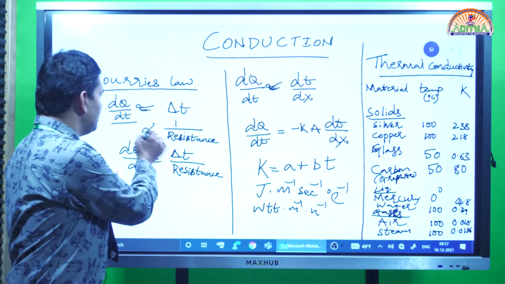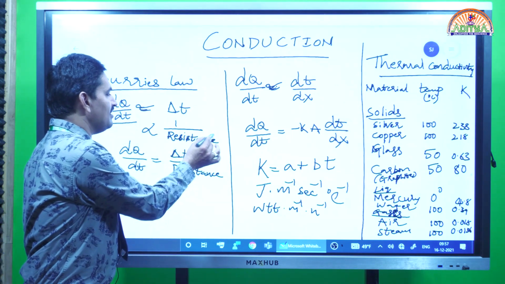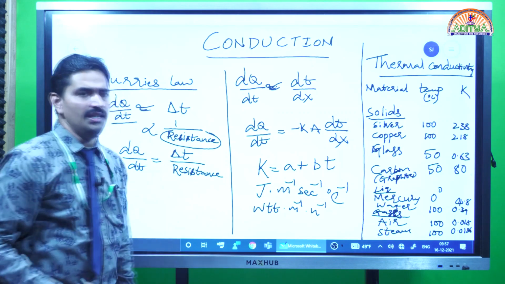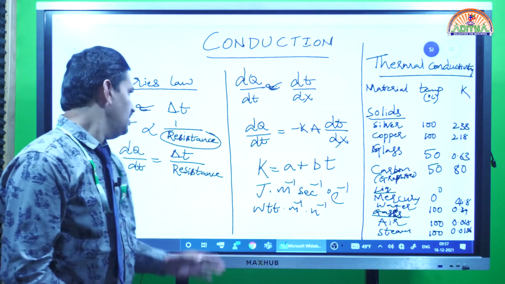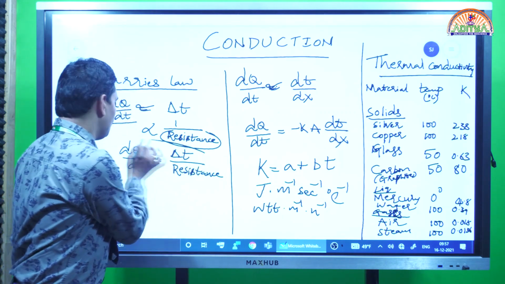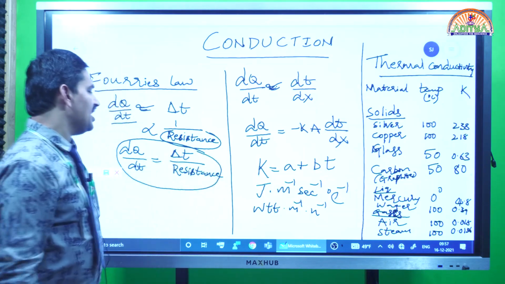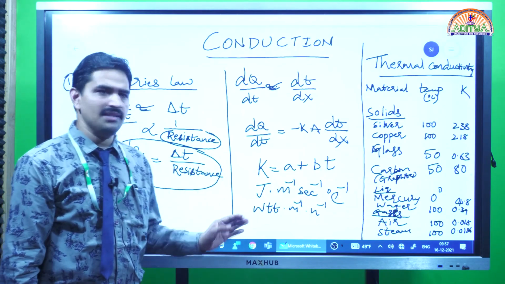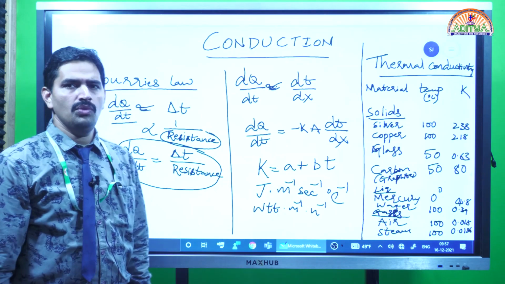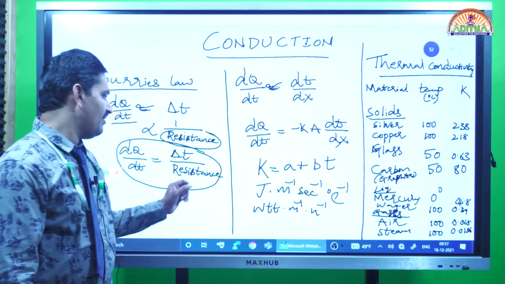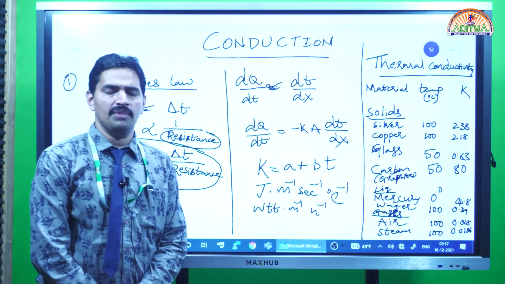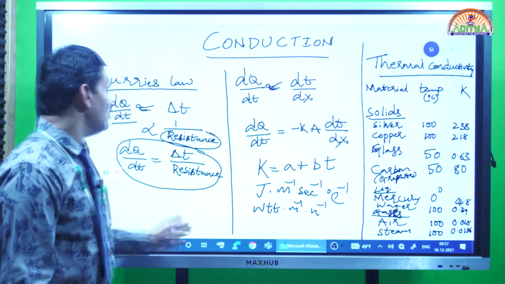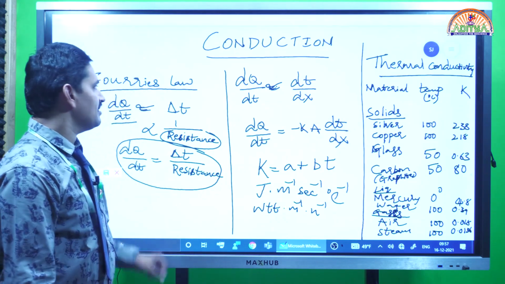As well, it is inversely proportional to the resistance offered by the medium. So we can derive the equation where rate of heat transfer is equal to the temperature difference between two molecules or two areas divided by the resistance offered by the medium. In such a way, we can discuss Fourier's law.